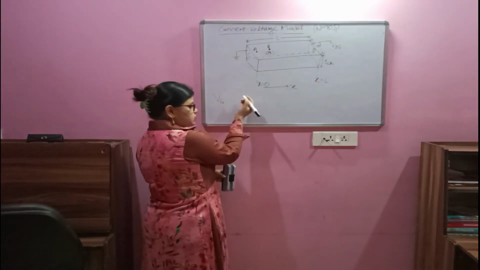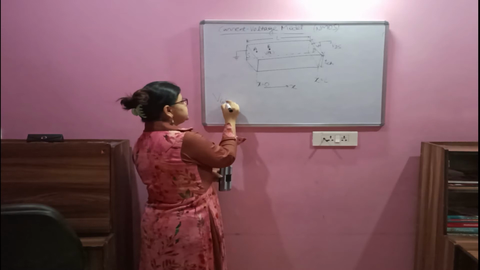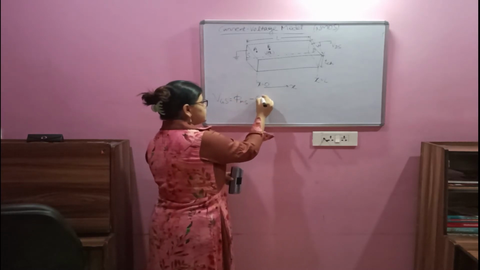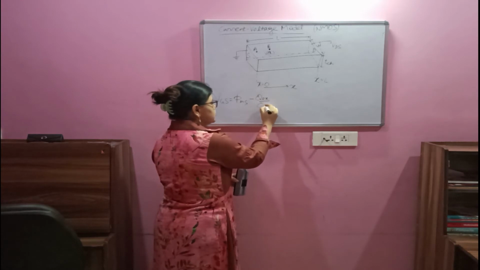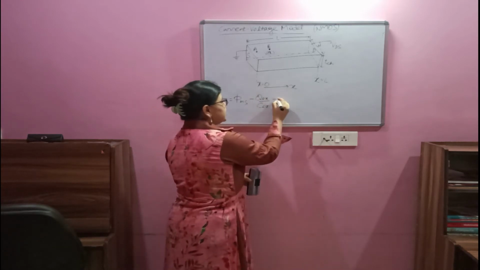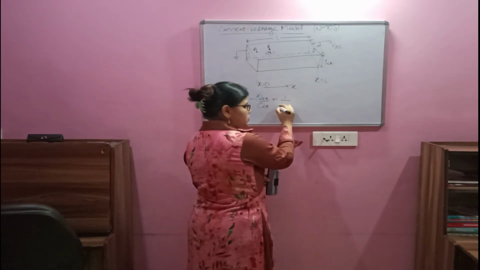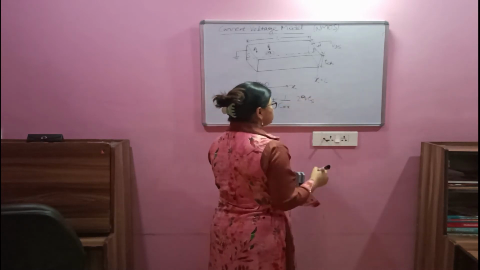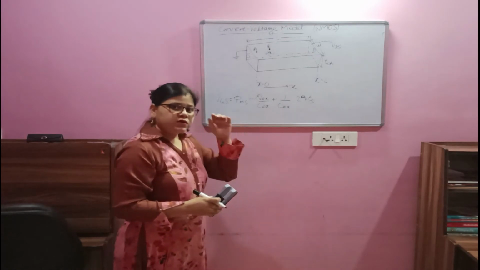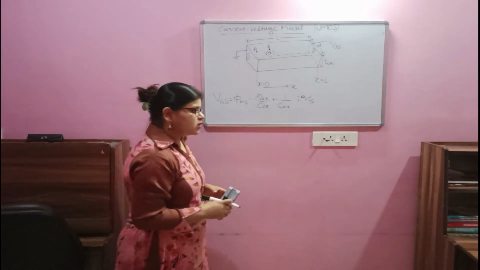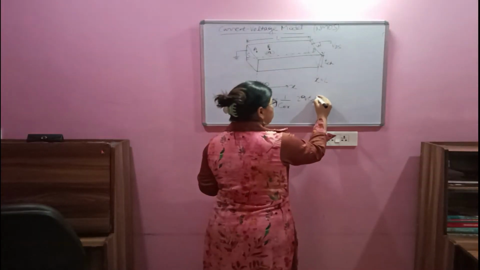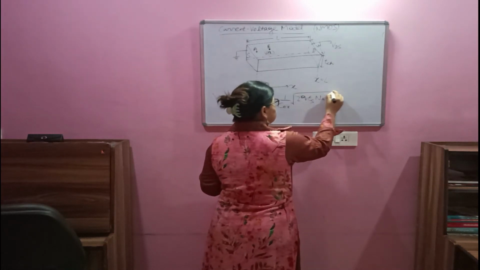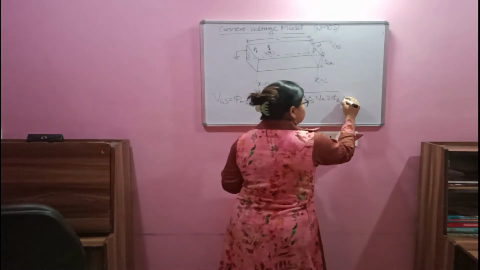Previously we have seen that VGS is given as phi ms minus Q oxide upon C oxide plus 1 upon C oxide. This is a formula which we saw during the discussion of the threshold voltage. It's the same formula which I am writing over here. You can have a look at your previous lecture notes.